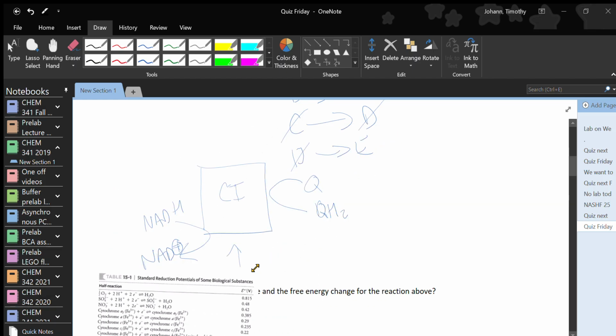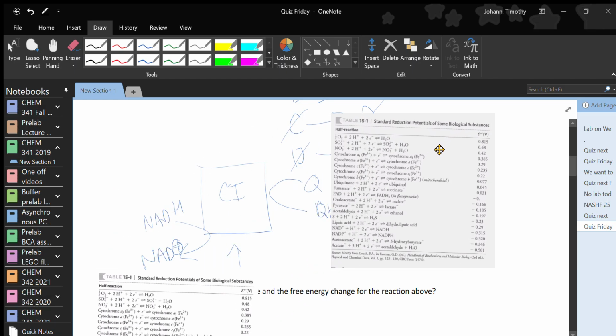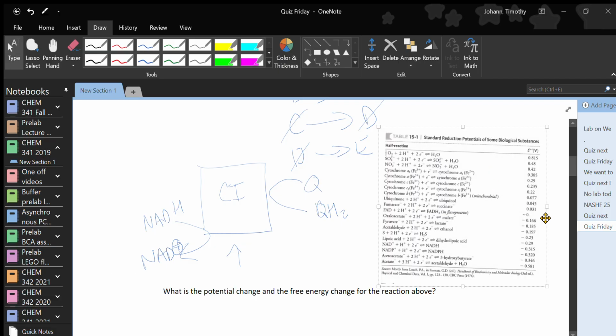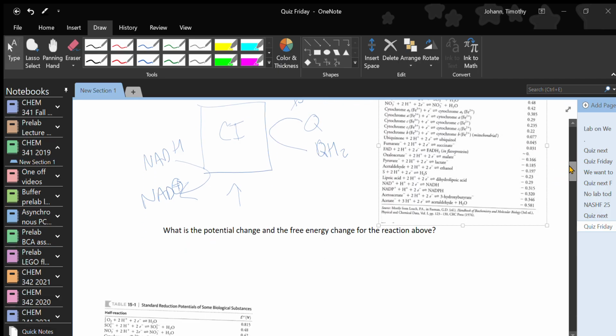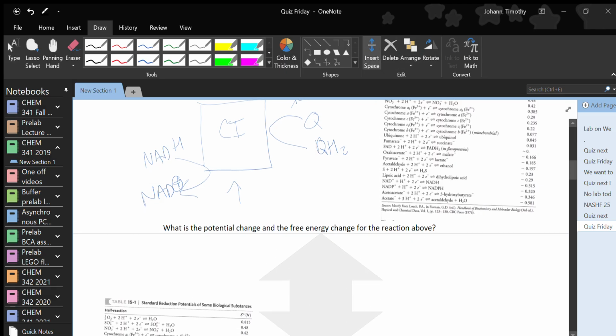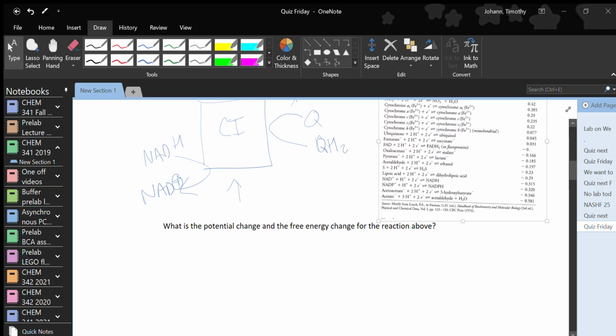All right, so let's go ahead down here. We have NADH, right? That's a reactant. So when we look at these arrows, the things at the start of the arrows are reactants.